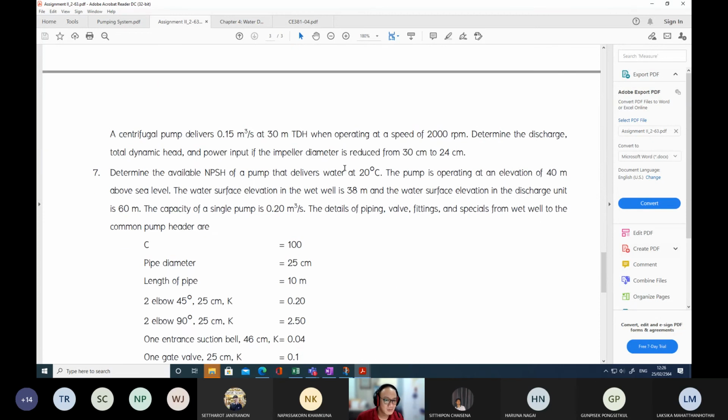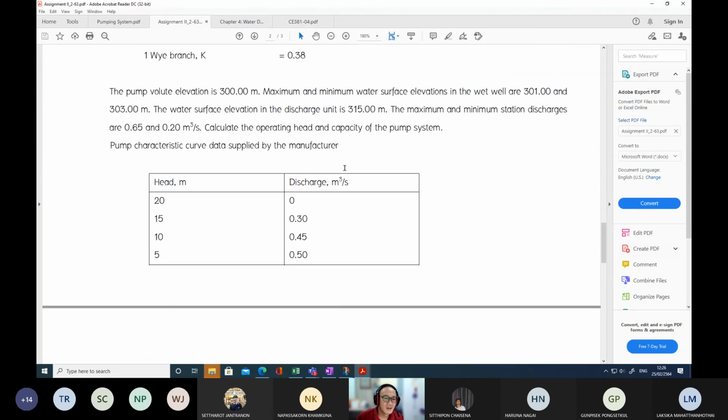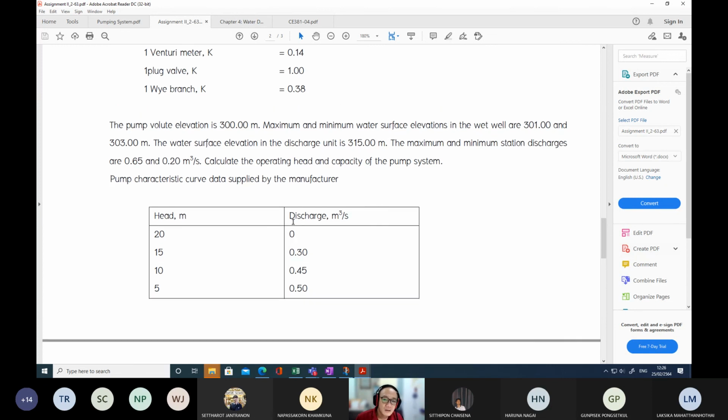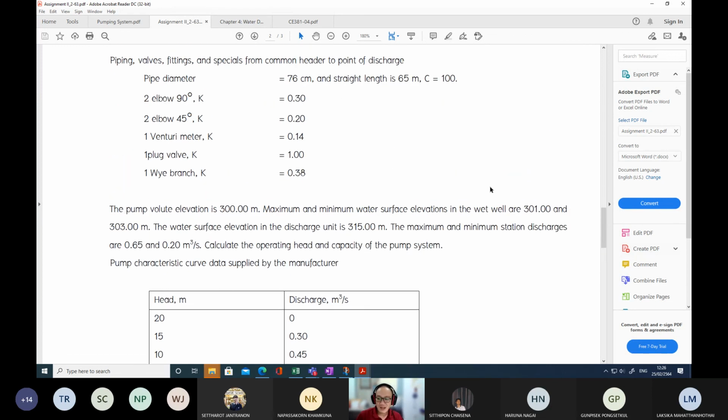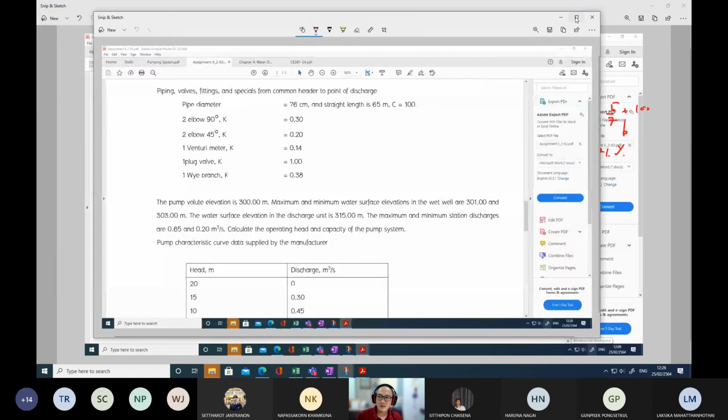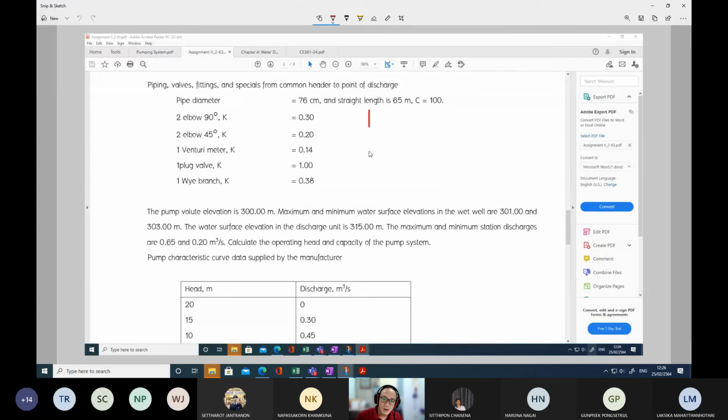It's a big question, and there is a pump curve provided by the manufacturer. So what you really need to do in this question is establish the pump curve. With one pump in operation, you get something like this. If you have 2 pumps connected in series, you will get something like this. If you have 2 pumps connected in parallel, you will get something like this.